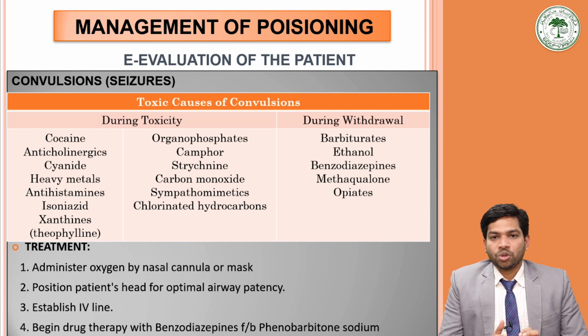Second category is those that either require a specific antidote to control the seizure activity or that don't respond consistently to the standard anticonvulsant treatment, such as isoniazid-induced seizures. Isoniazid-induced seizures require pyridoxine administration.